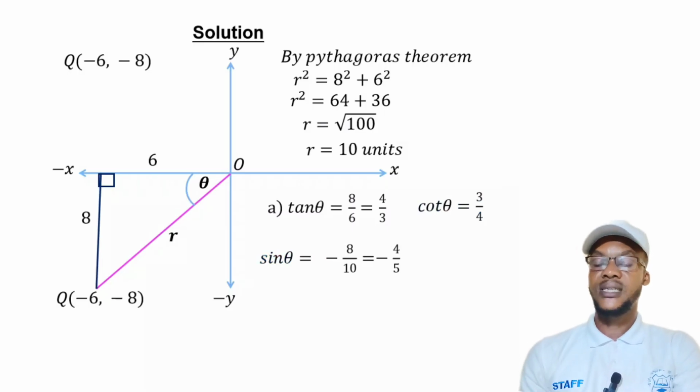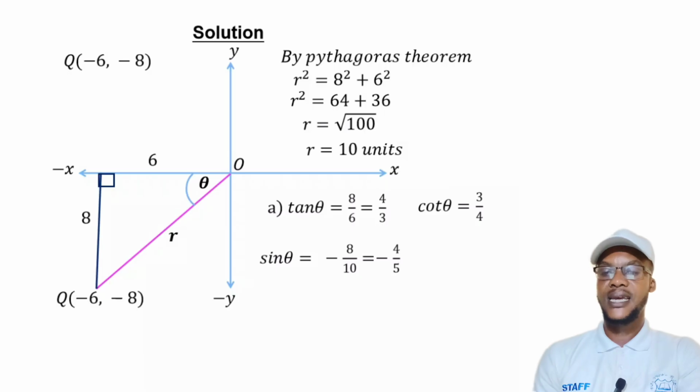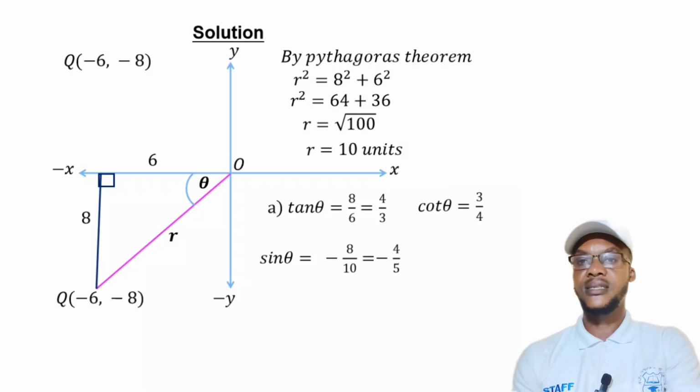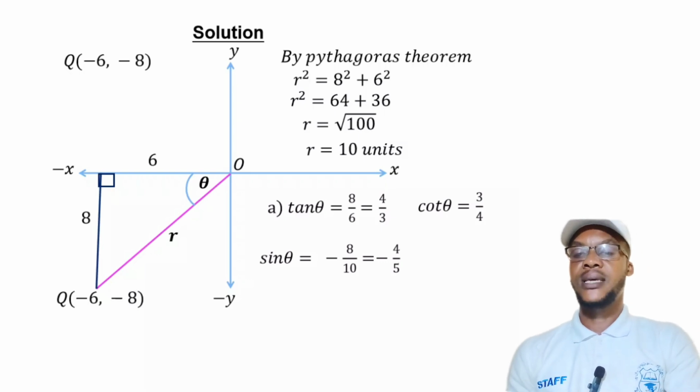Sine is opposite over hypotenuse. So we know that opposite is 8 and hypotenuse is 10. But why are we negating? Yes, this explains why the CAST is very, very important.